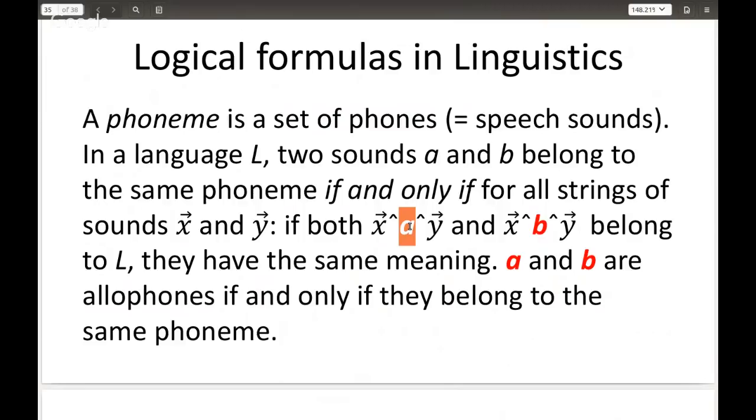And I don't know if you can catch the distinction, but P and PH are allophones in the word spirit. So that P, the regular P, would be here in this representation, but PH would be here in this representation. So within this environment, this set of strings, P and PH are allophones in the language of English.